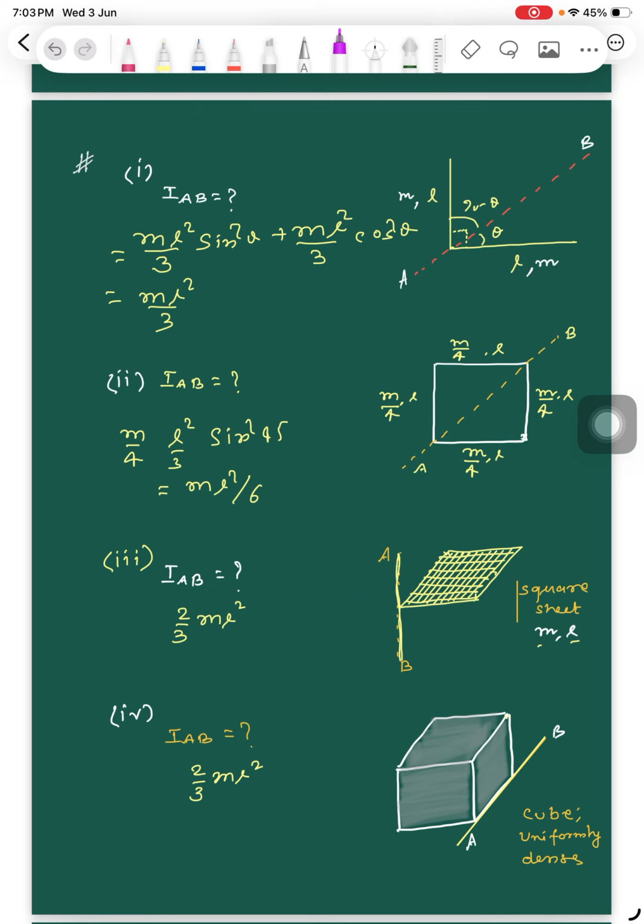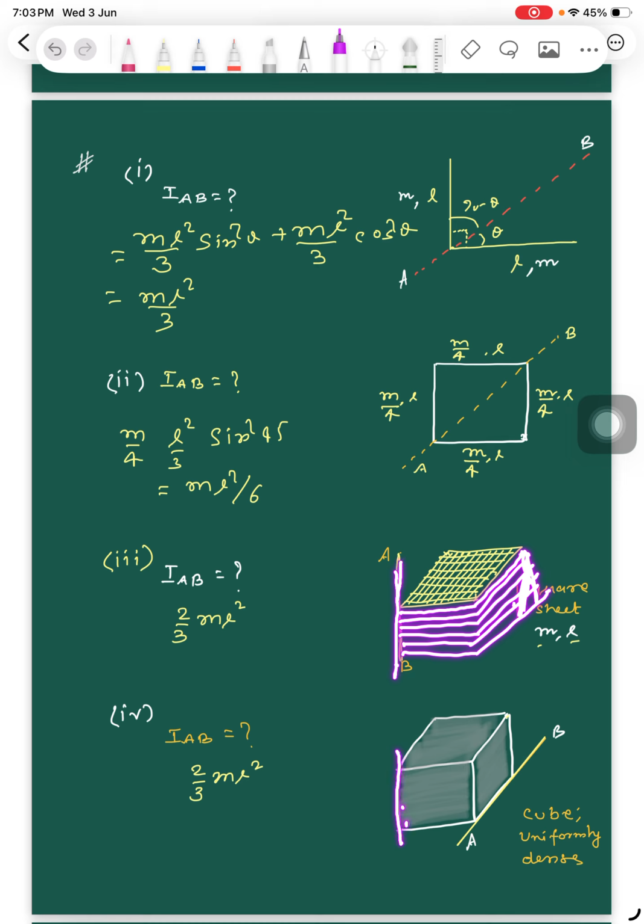And how to get this one? Let us first realize that if we place so many square sheets in layers, we will get a cube, right? We will get a cube. And this axis is now acting like the edge of this type of cube.